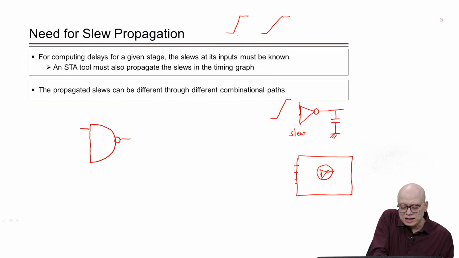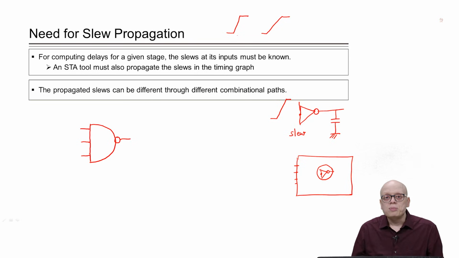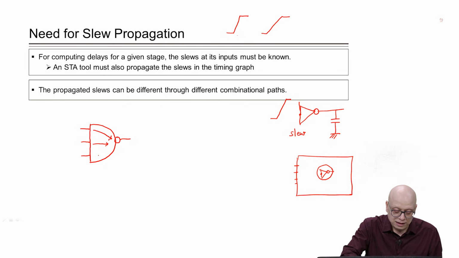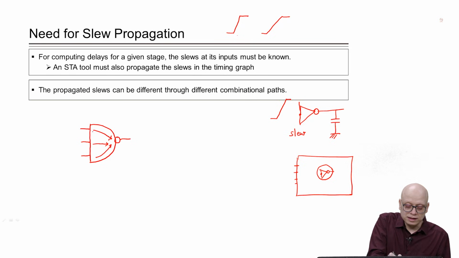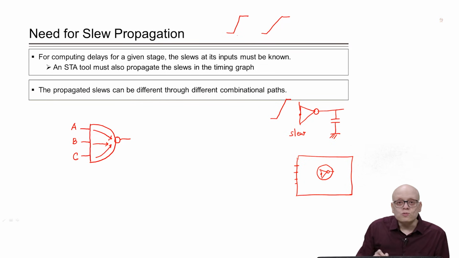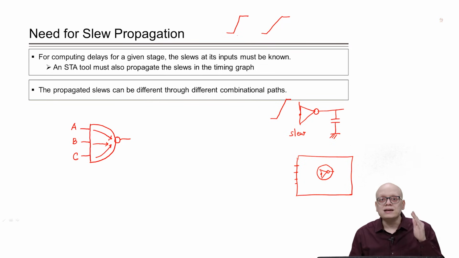There are 3 timing arcs for this NAND gate: the first, the second and the third. Let us call the input pins of the NAND gate A, B and C.